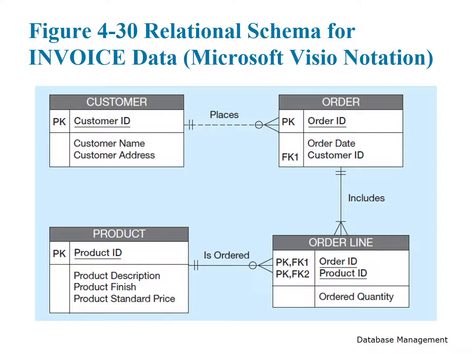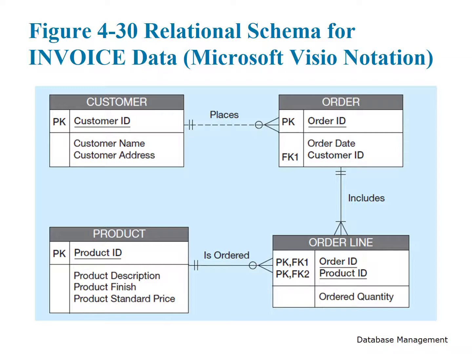Figure 4-30, relational schema for invoice data, Microsoft Visio notation. The customer ID is a foreign key in order, and order ID and product ID are foreign keys in order line. Foreign keys are shown in Visio for the logical but not the conceptual data model.